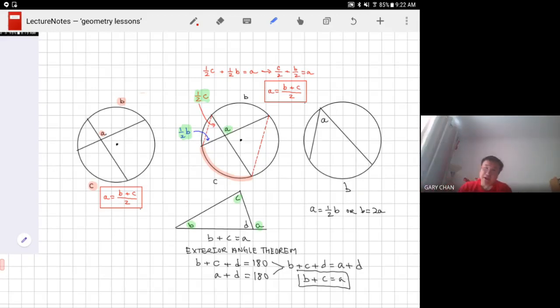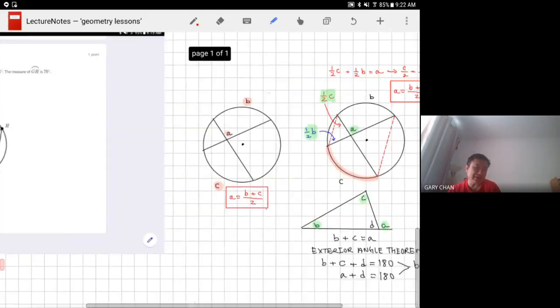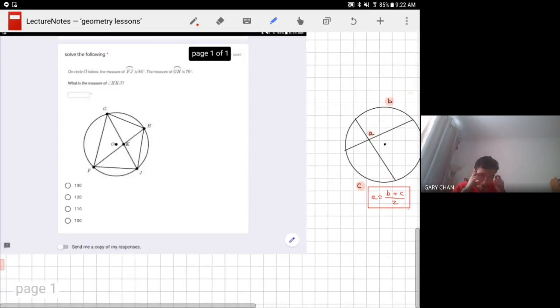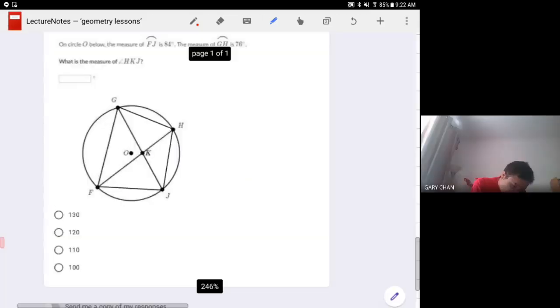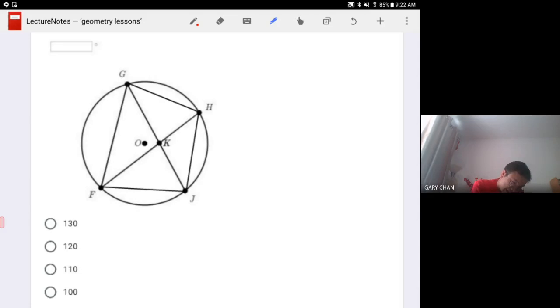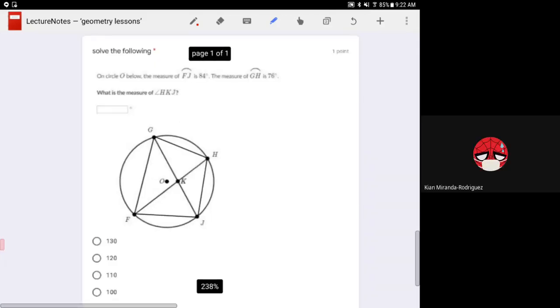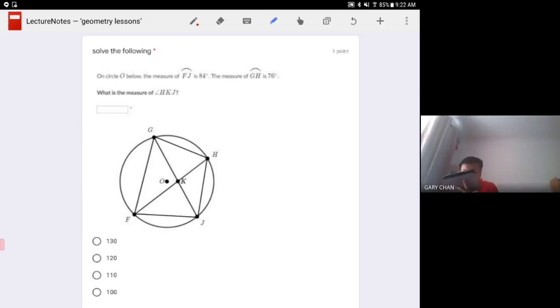So now that we have this theorem, we have this formula, right? Let's take a look at this example right here. Okay. So, which angle is our angle A in this case? K. Exactly. That's right.